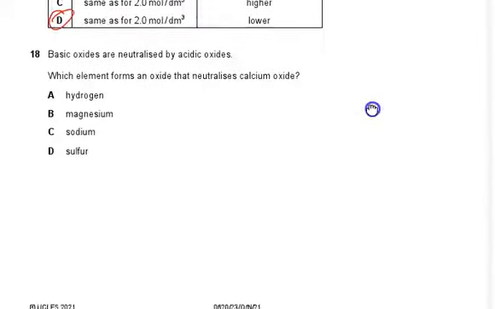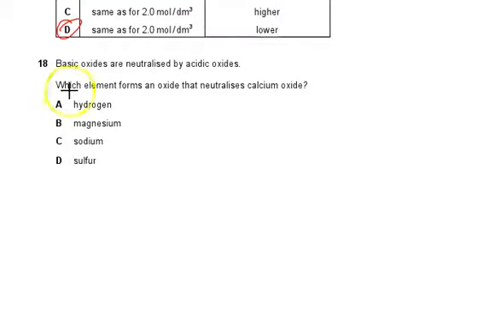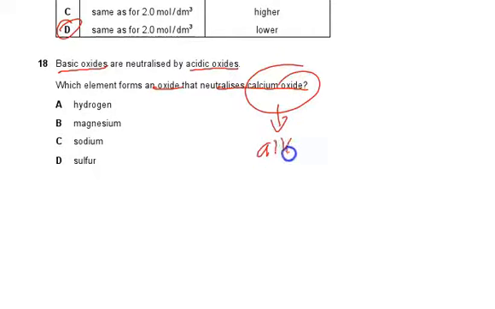Okay, number 18. Basic oxides are neutralized by acidic oxides. Which element forms an oxide that neutralizes calcium oxide? So calcium oxide is group 2, right? So this is an alkali. So we need something to do with acidic.